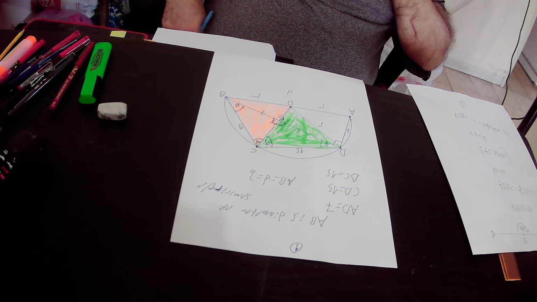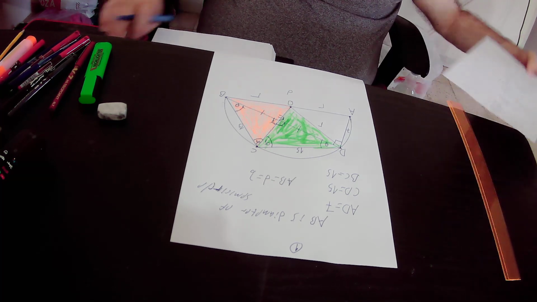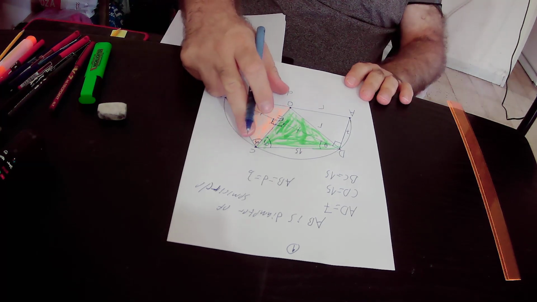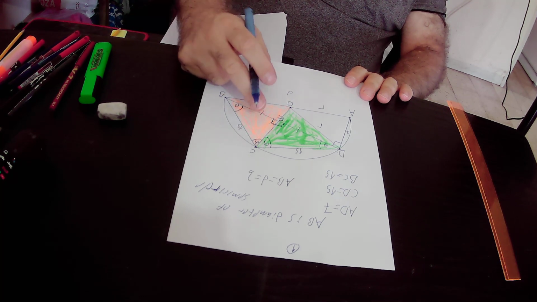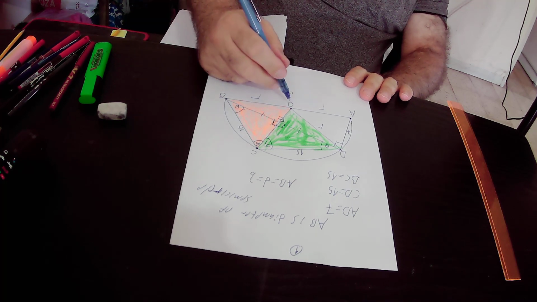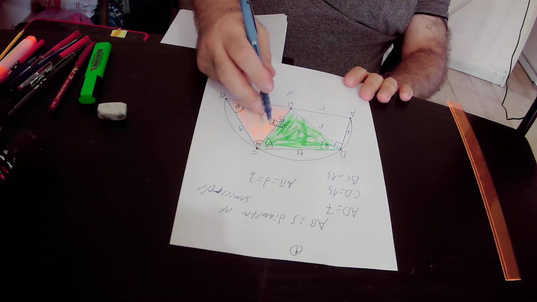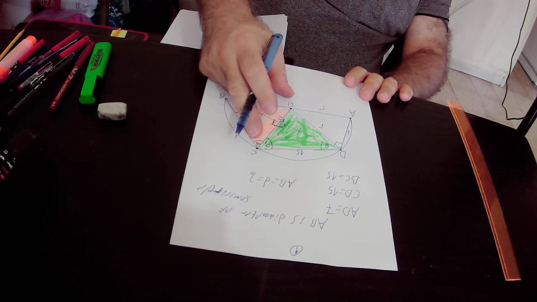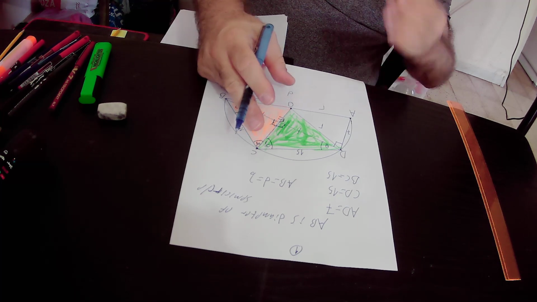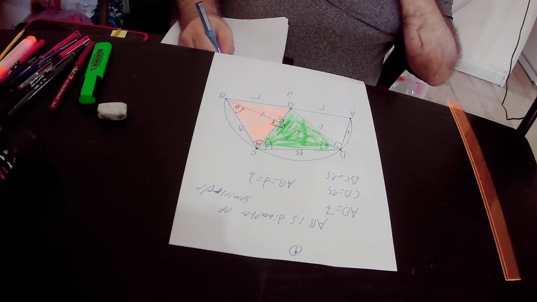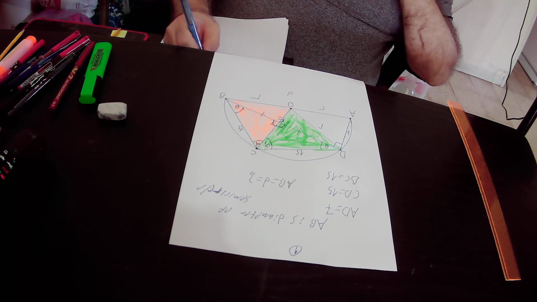And actually OC is the radius of the semicircle because it is a line segment that exits from the center of the circle and touches the circle at point C. Therefore, OC, the radius of the semicircle, is a straight line.